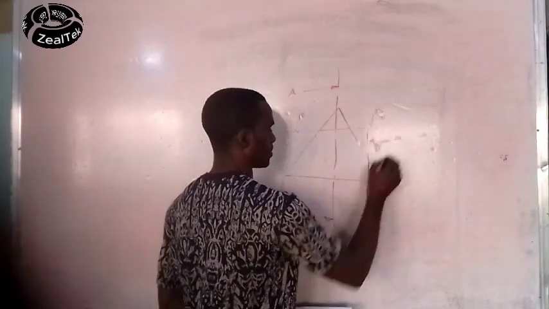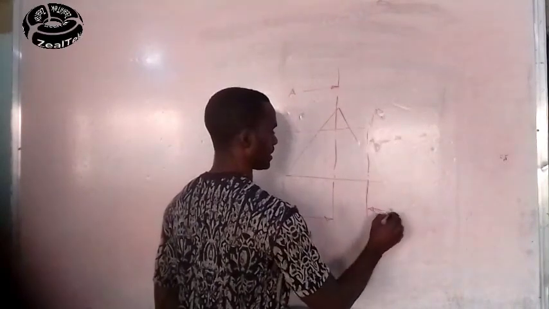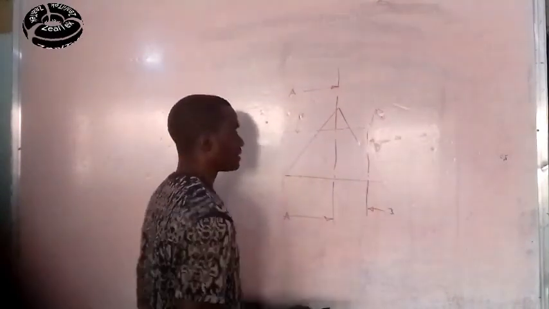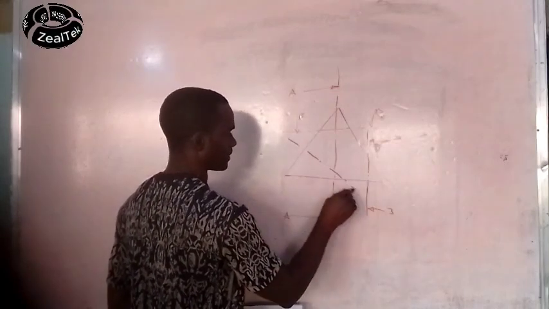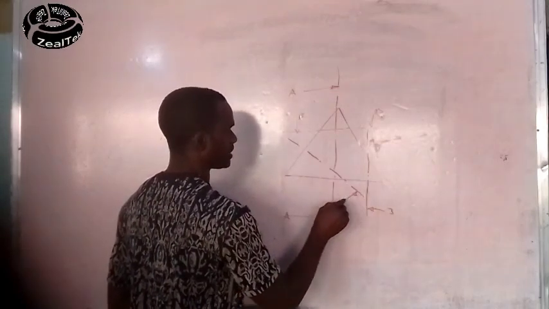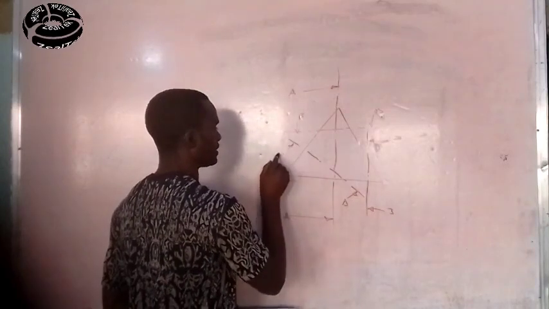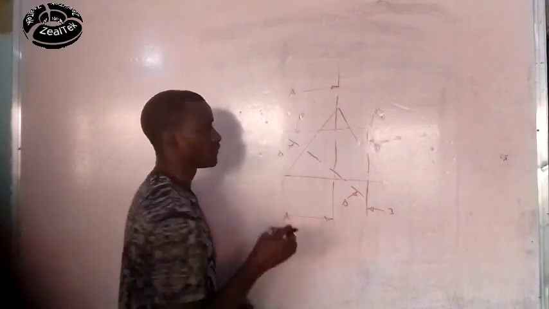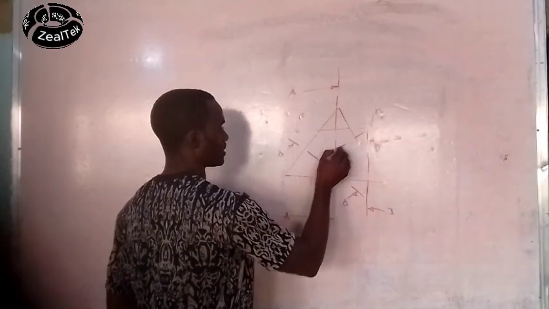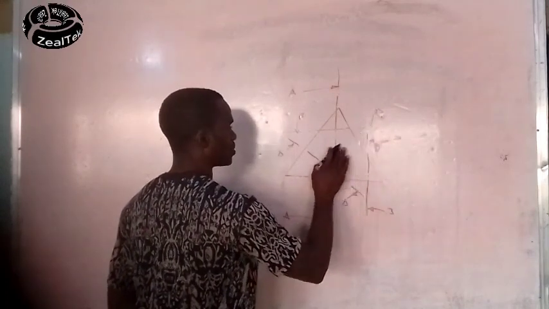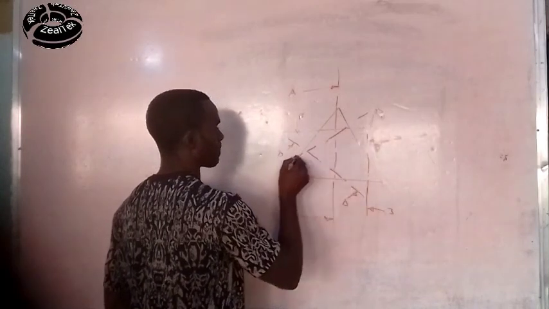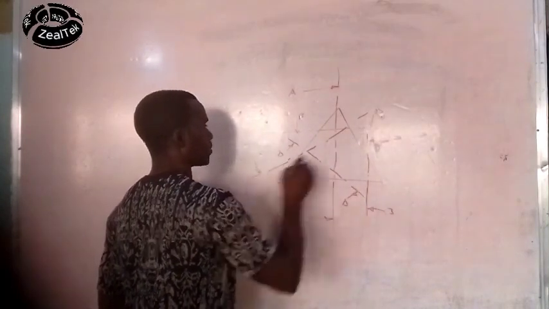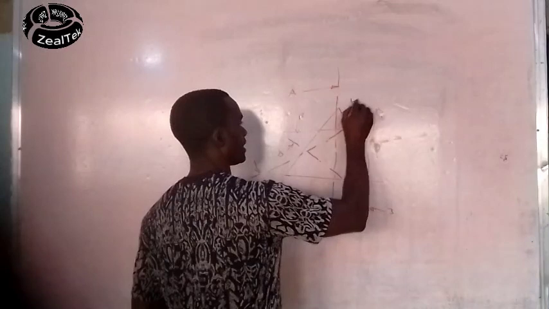Let me call it C and C. Then the fourth one is this way. Let me call it D and D. The fifth one is along this way, across the object. Let me cut it like this. Let me call this one E and E.